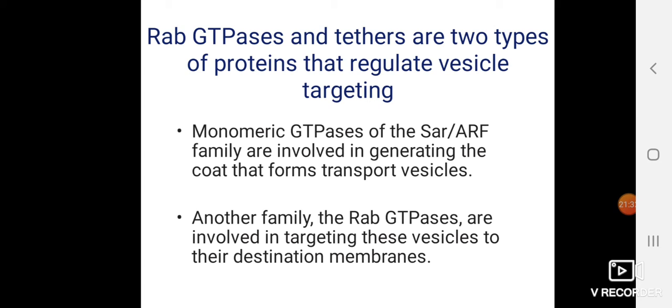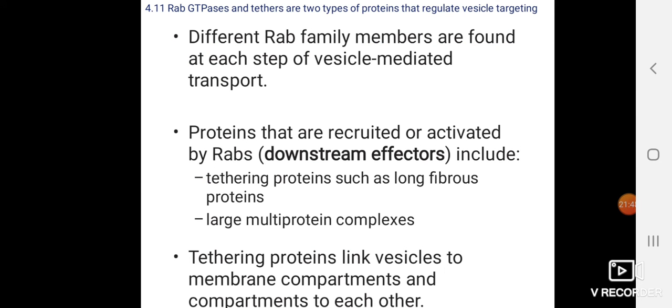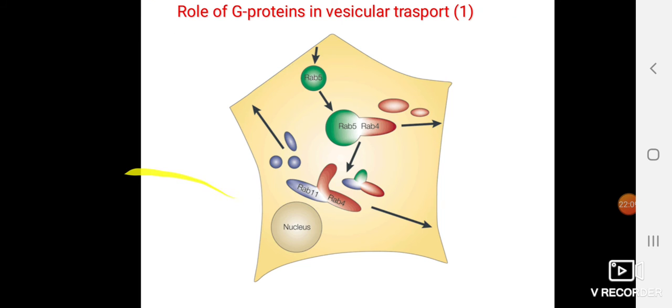So RAB GTPases tether the two. Two types of proteins regulate vesicle targeting, such as monomeric GTPases, and that can be the RAB or ARF family. Different RAB family members are found at each step of vesicle-mediated transport. Tethering proteins, such as long fibrous protein molecules, link vesicles to the membrane compartments and compartments to each other.